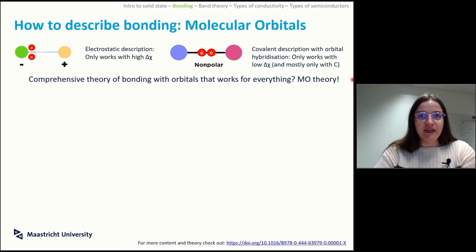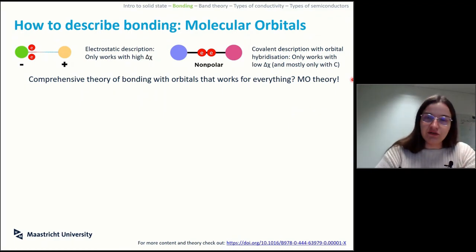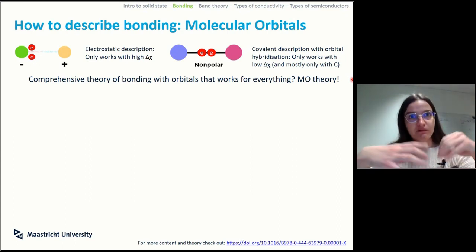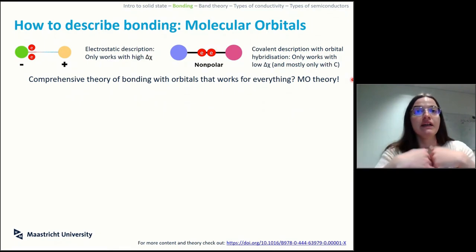Now, the idea behind molecular orbitals is that you should not look at an atom by itself and the other atom by itself and then try to play Lego and see if they match, but consider that when two atoms interact with each other, the orbitals will interact with each other, and the result of the interaction between orbitals from different atoms will account for more than just what they were when they were isolated. So the interaction will lead you to a different final point.